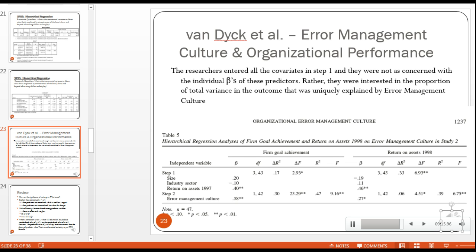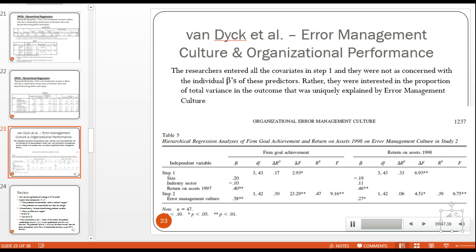So take a look at this table, understand all of the elements. I would say don't worry so much about the change in F, but the rest of it, know what it is, know what it represents, and look that through and just become very familiar so that these strange things don't seem so foreign. For example, the change in R squared is often denoted as a delta R squared. That just means change in R squared, in case I haven't mentioned it before.